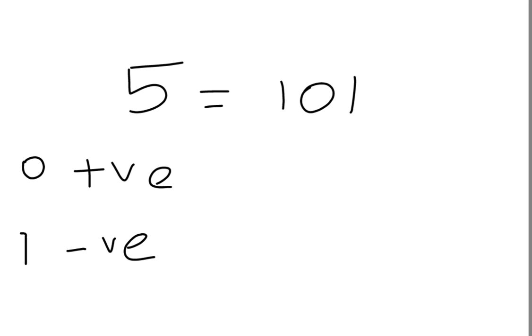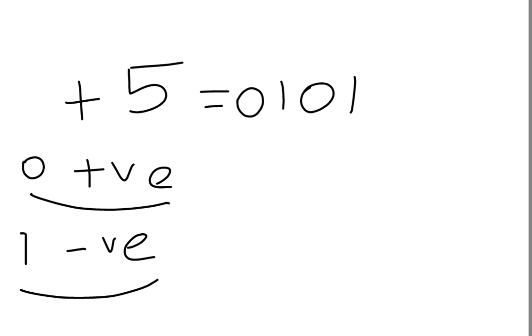Let's take the decimal number 5 and convert it into its binary value 101. Now we have to add a sign bit in front of it. The sign bit is 0 if the number is positive and 1 if the number is negative. Since this is plus 5, we're gonna add 0 in front of it.